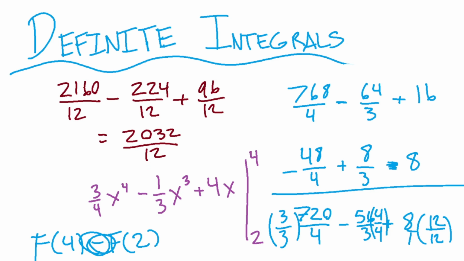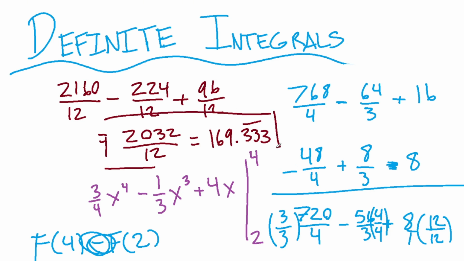And if you divide that, you get 169.33 repeating. So this is your final answer, 169 and a third, or 2,032 over 12. That would be the area under the curve of that function on that interval.